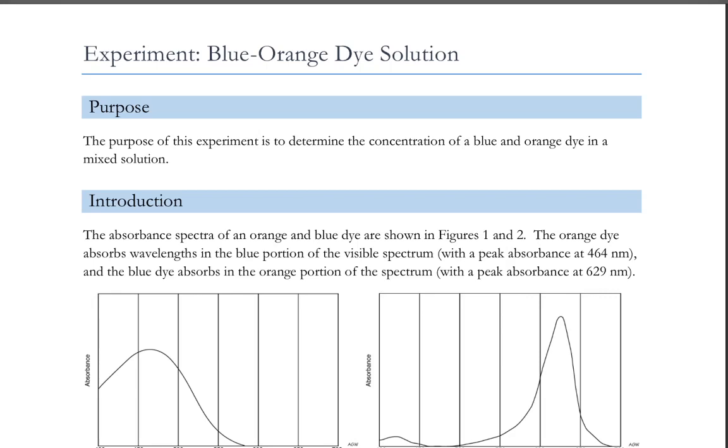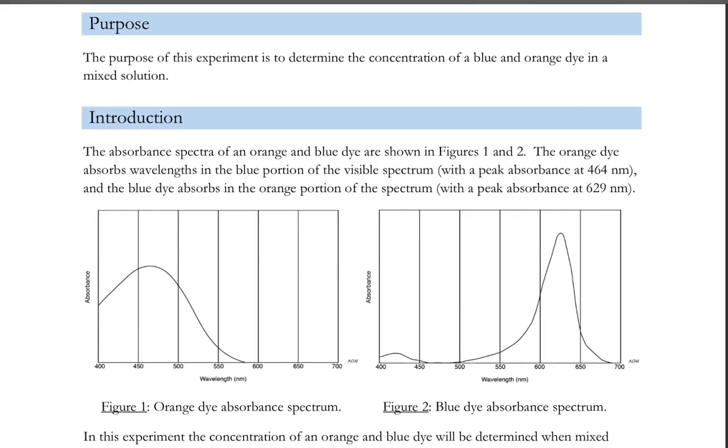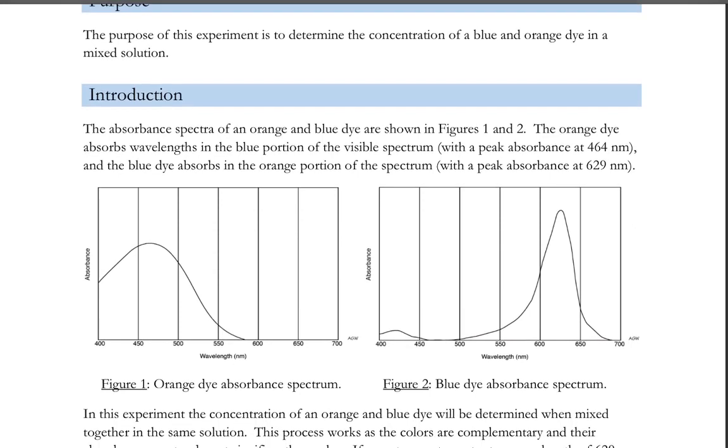We will be using absorbance spectroscopy and a spectrometer very similar to what we did with the riboflavin experiment, but this time we have a mixture as opposed to just one component, as we did with the riboflavin experiment where we were just analyzing riboflavin. Now we're analyzing both the orange component and the blue component.